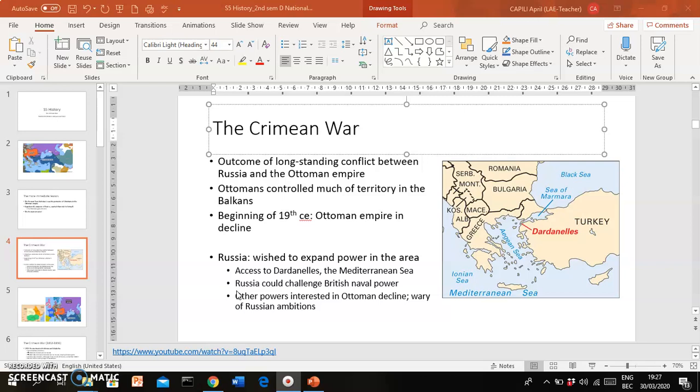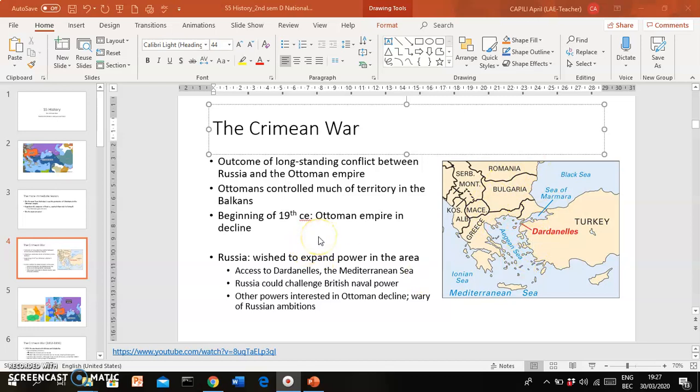However, in addition to the religious motivations, there were also other more political reasons why the Crimean War started. There has been some conflict between Russia and the Ottoman Empire. As we said, the Ottomans controlled much of the territory in the Balkan region.